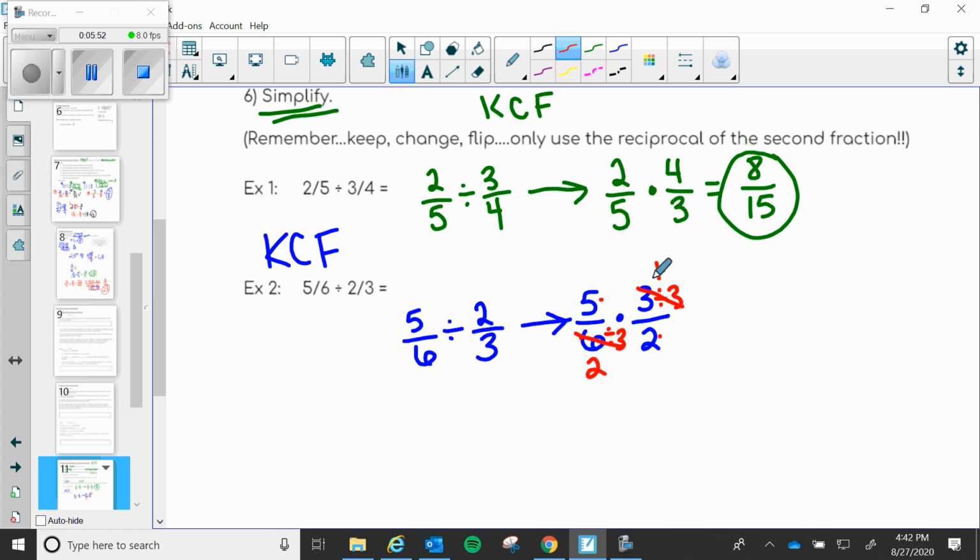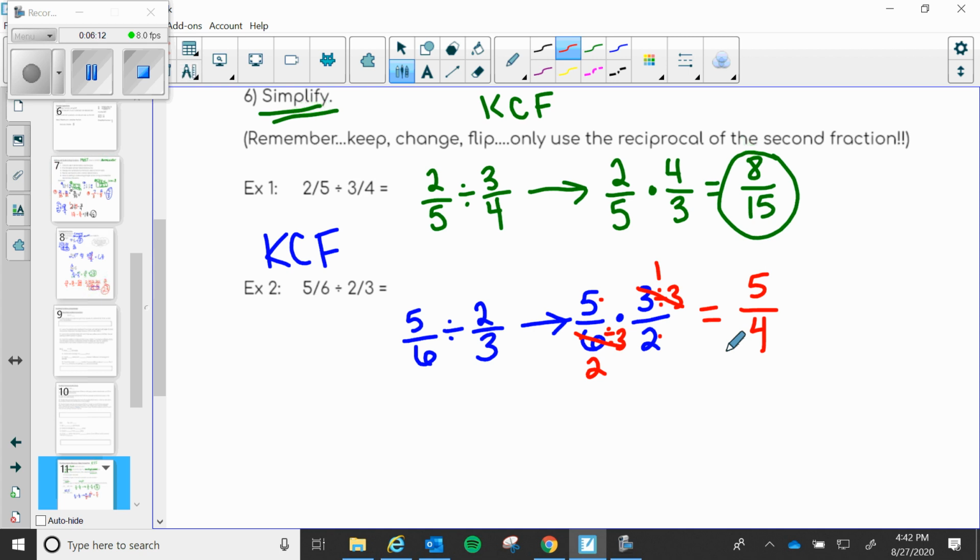So now you have a new numerator over here and a new denominator over here. So when you get ready to multiply, you use those new numerators and denominators. So 5 times 1 is 5, and 2 times 2 is 4.